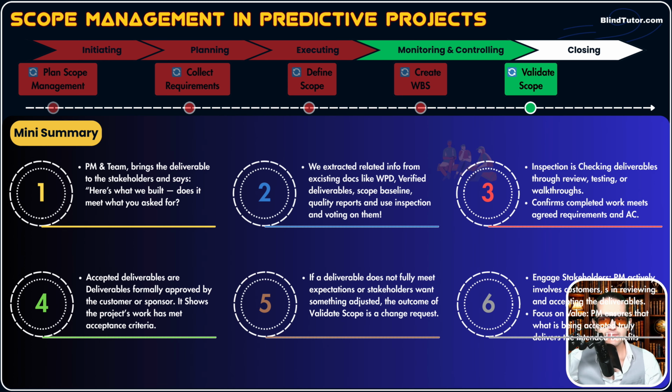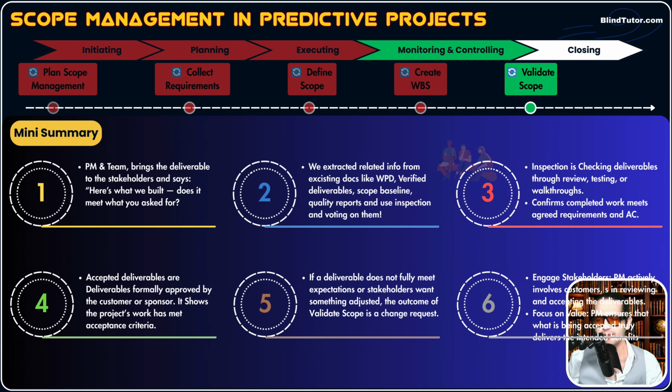And the next one is focus on value. You ensure that what's being accepted truly delivers the intended benefits and not just looks finished. You need to act ethically here. If a deliverable is not fully completed, does not fully meet our client's acceptance criteria, although the client accepted it, you need to be honest.